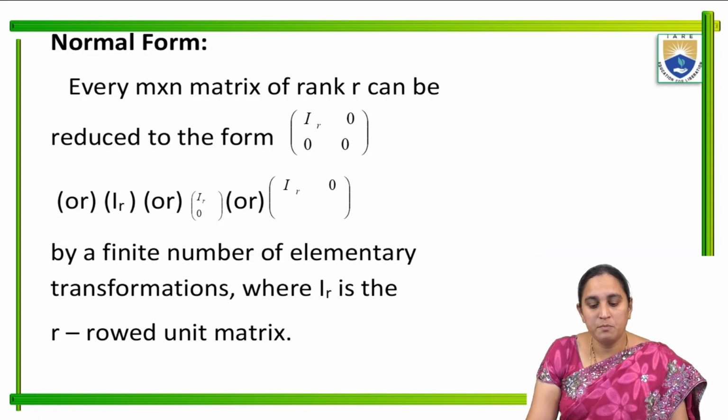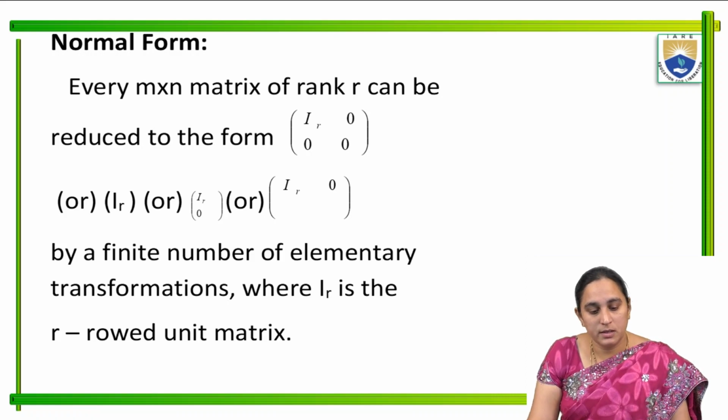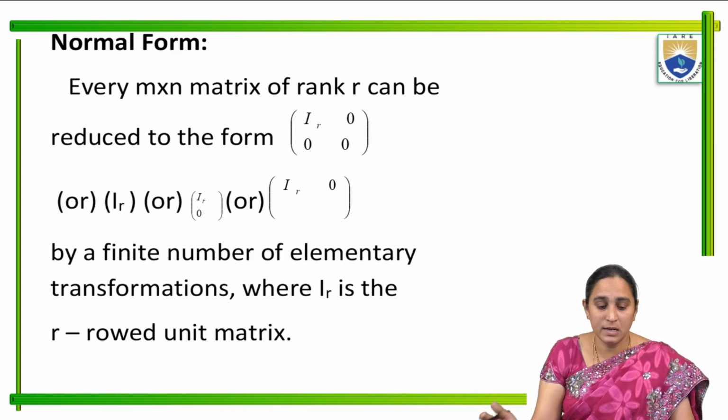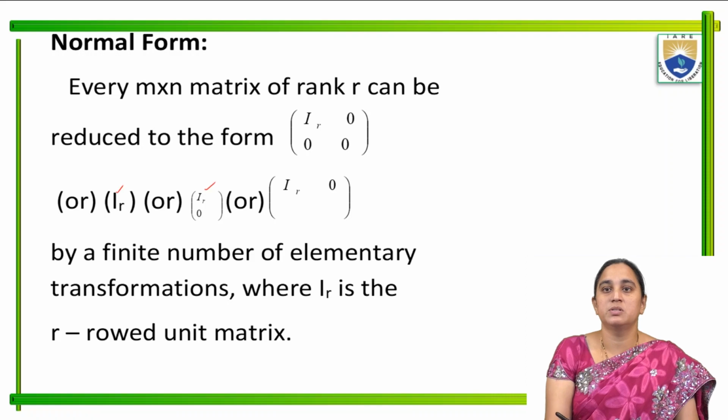First, I'll discuss the concept. Every m by n matrix of rank r can be reduced to the form [Ir 0; 0 0]. Every matrix can be reduced to an identity matrix form, that is [Ir 0; 0 0], or directly Ir, or [Ir 0], or [Ir; 0].